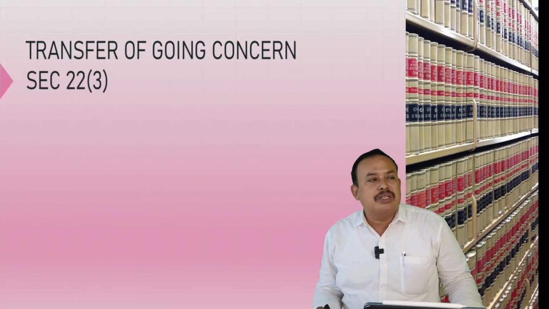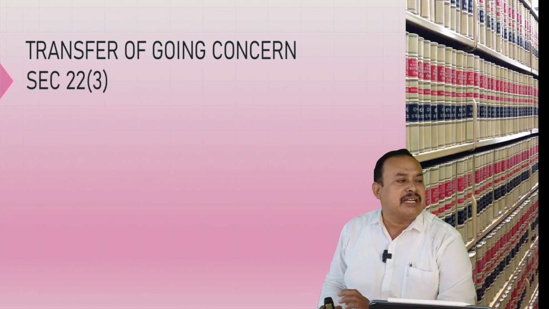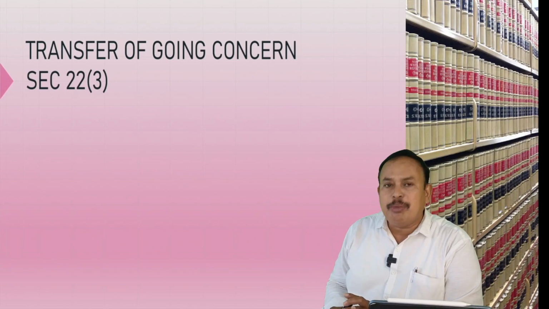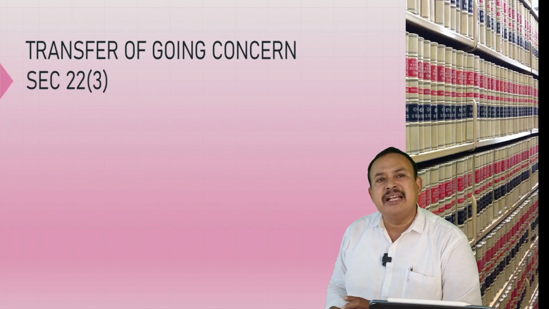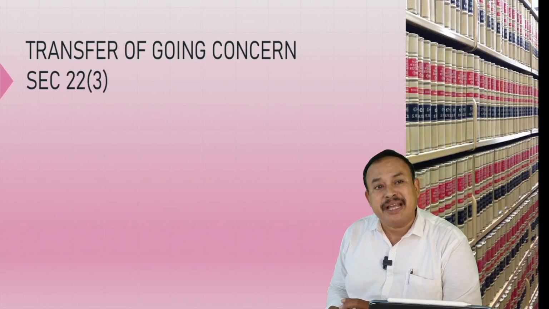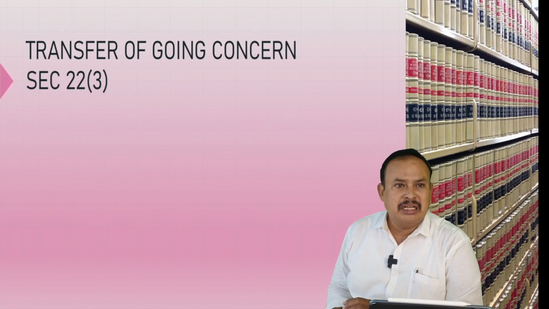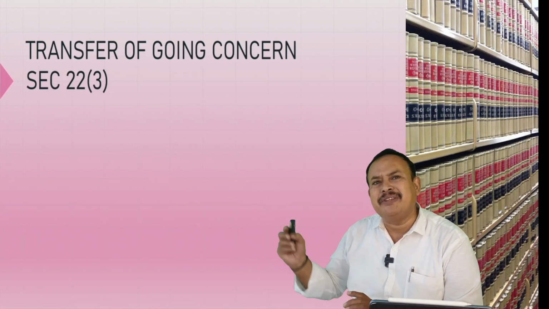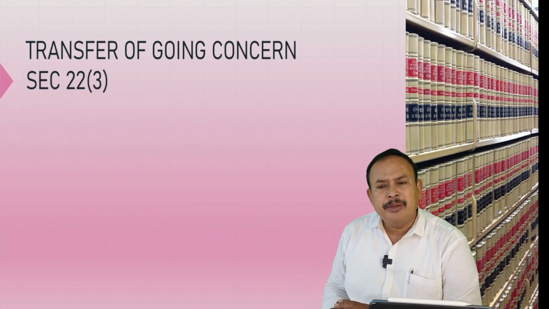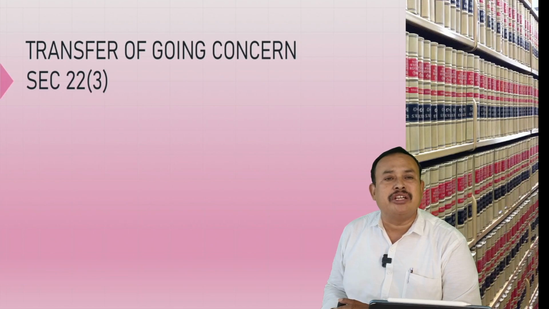Section 22, subsection 3: registration is also mandatory if there is succession of business. Meaning what? I will explain to you, listen to me, and then thereafter one more example. My father is a registered person in GST law, buying and selling color televisions in Mount Road.